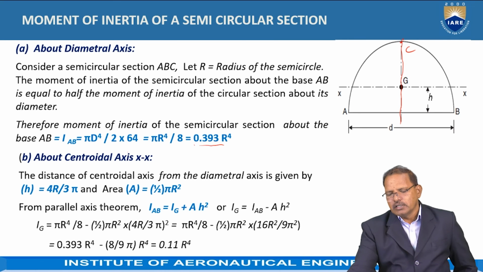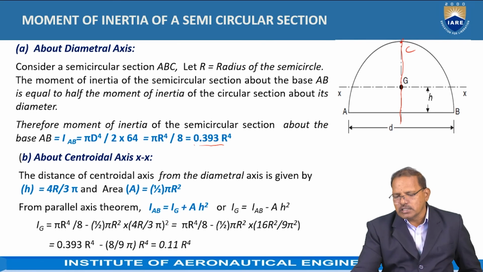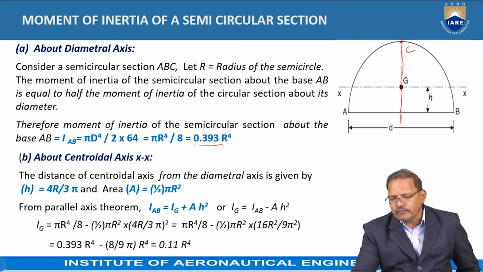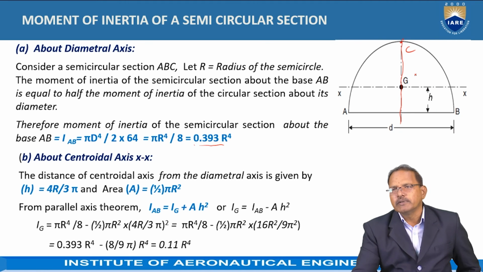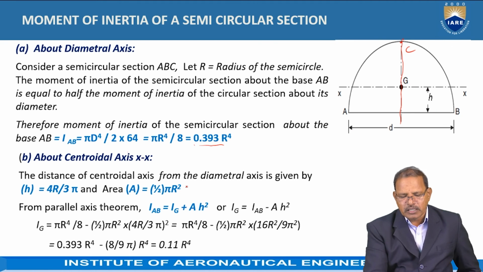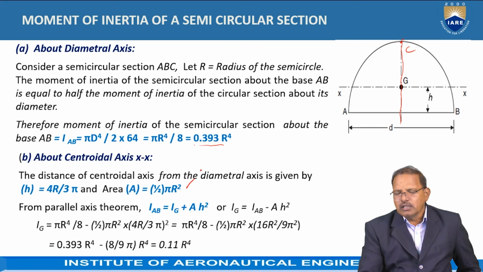That is, the centroid of a semicircle lies at a distance of 4r by 3 pi from its diameter. According to the figure, the area of the semicircle is equal to 1 by 2 pi r square, and h is equal to 4r by 3 pi.